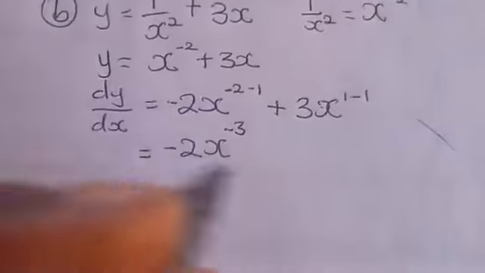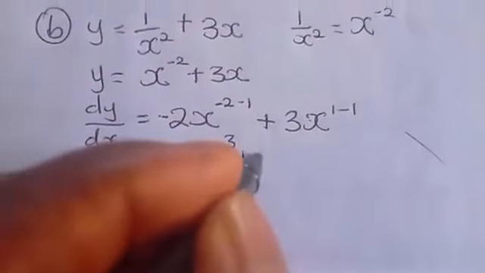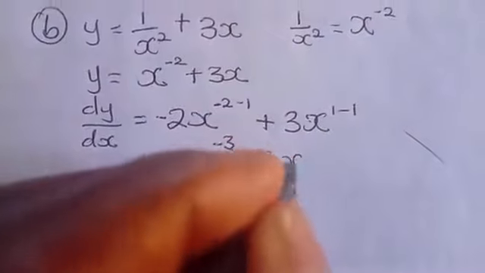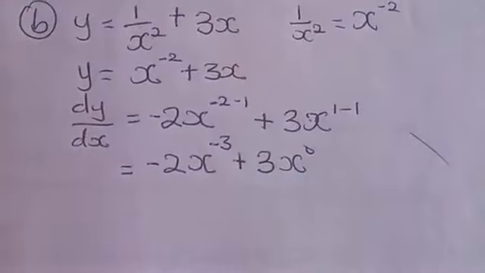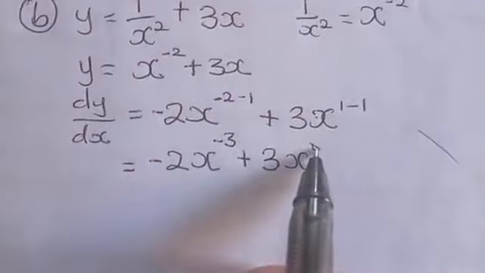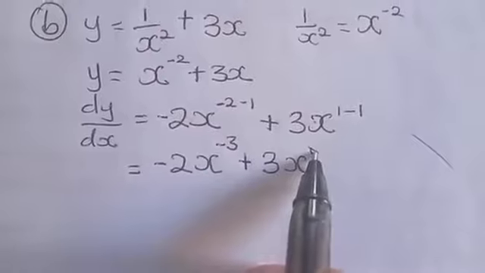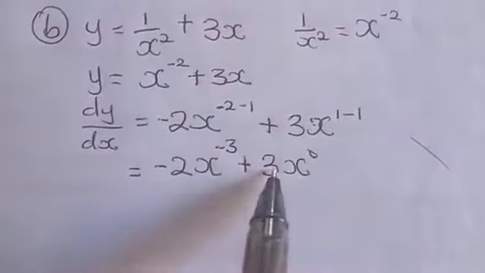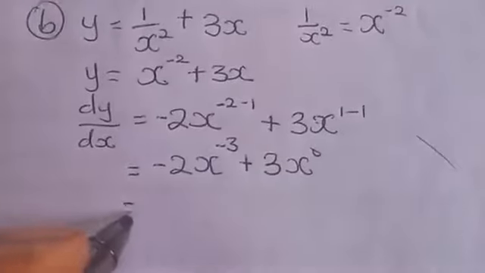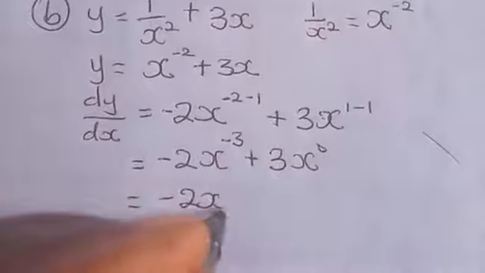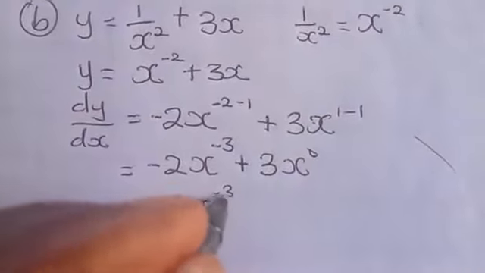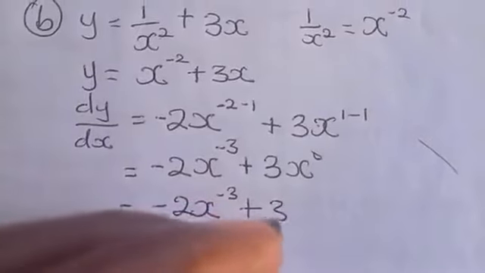Next, we have plus 3x raised to the power of 0. 1 minus 1 is 0. And anything raised to power 0 according to indices is 1. So that 1 multiplying 3 will give us 3. So that our final answer will now be minus 2x raised to the power of minus 3 plus 3.